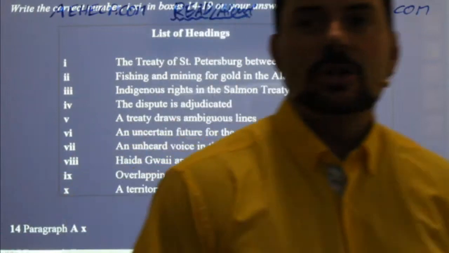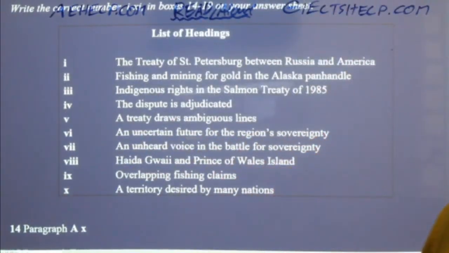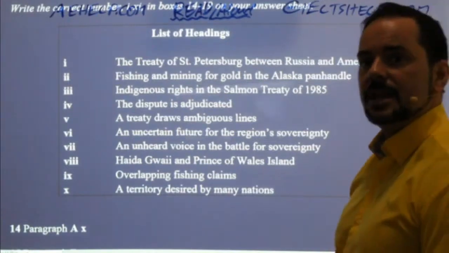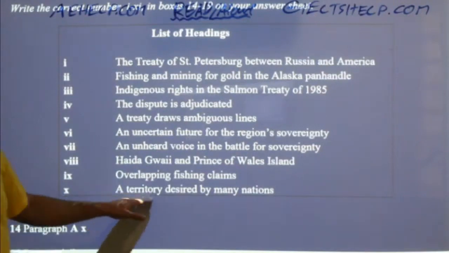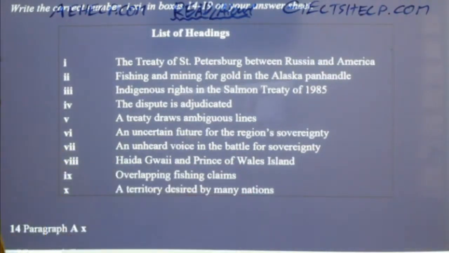What would you say is the closest match? All right, nice to see many of our regular students getting this correct. Yeah, I think the closest match is a territory desired by many nations.